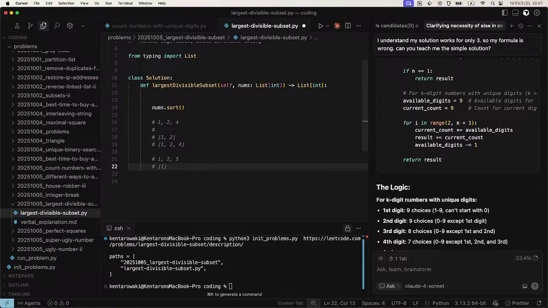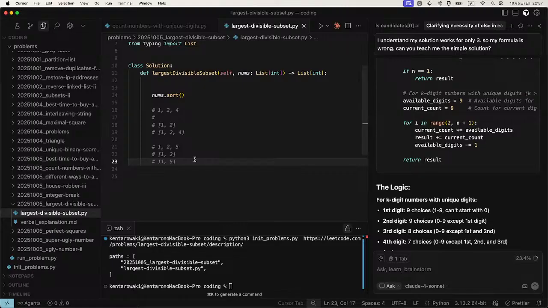And in this case, 5 is not divisible by 2, so we cannot update this. But instead we can create a new subset like this.